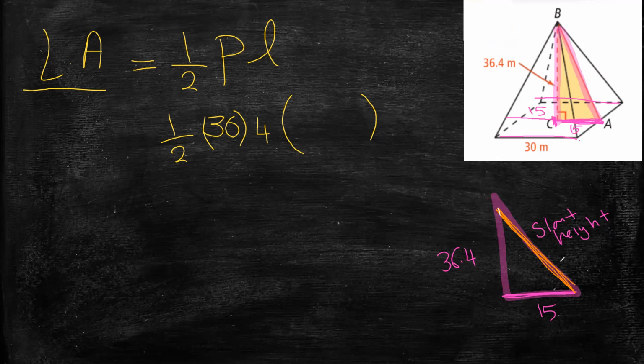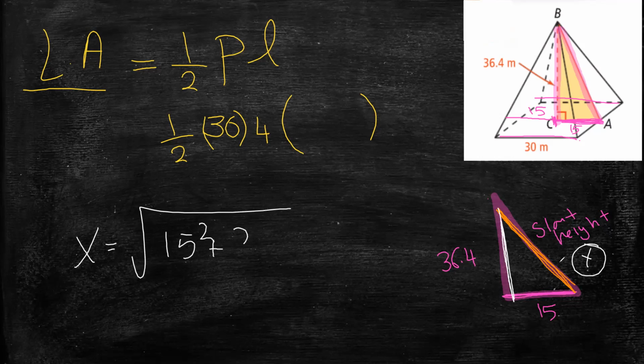And here now, this is the height that's also given. Can I find now the slant height? Yes, by the Pythagorean theorem. So the slant height, let's name it x. x is the square root of 15 squared plus 36.4 squared.